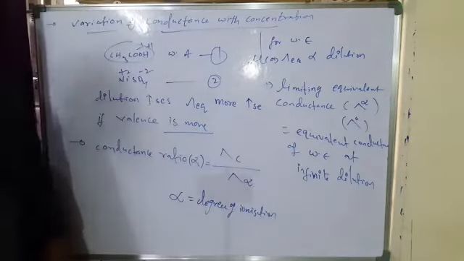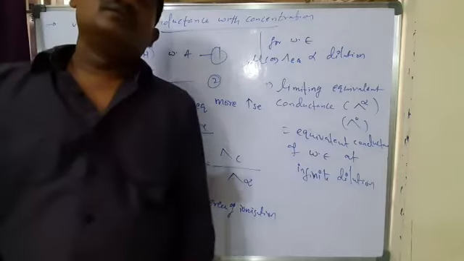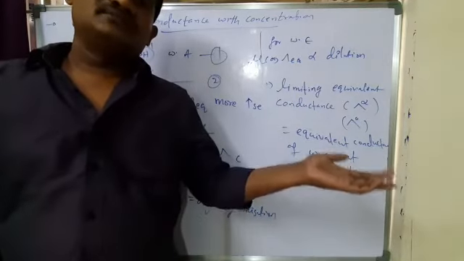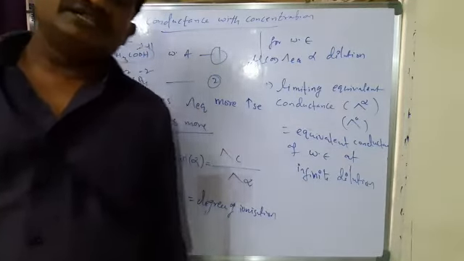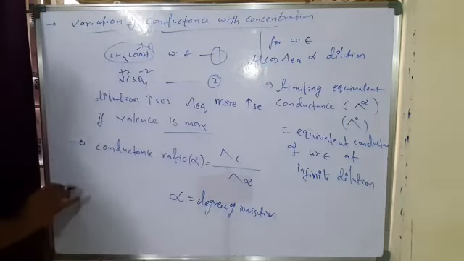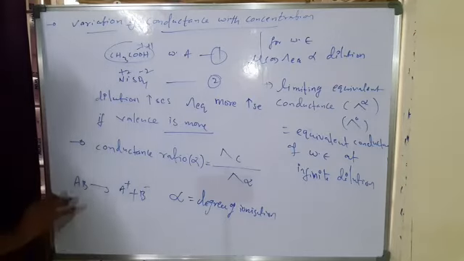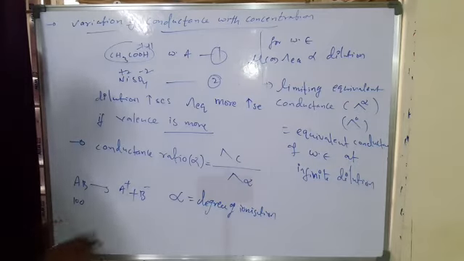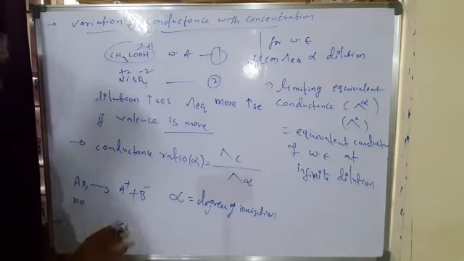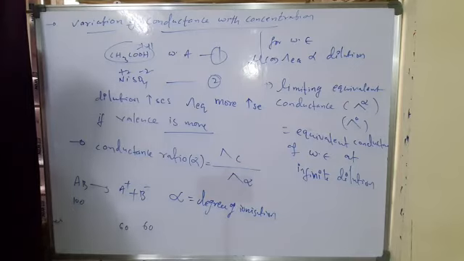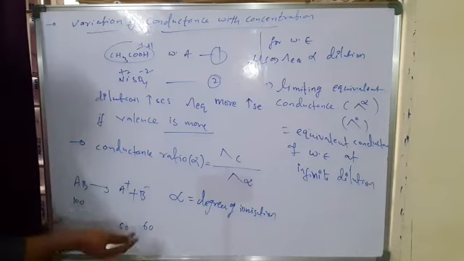Degree of ionization means the number of molecules present as ions divided by the number of molecules initially taken. For example, AB molecules split to give A plus and B minus ions. If initially 100 molecules are taken and at a certain time there are 60 A plus and 60 B minus ions, that means 60 molecules are ionized and the remaining 40 are not.